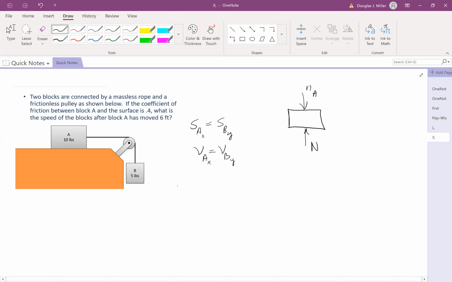Just for preference, instead of using a W for weight, I'm going to return to using mass A multiplied by G, because we're going to be doing work energy principles, we're going to be using a W for work. So we have the mass A times G acting down. We have therefore a normal force. We have the tension. And we have a force of friction.